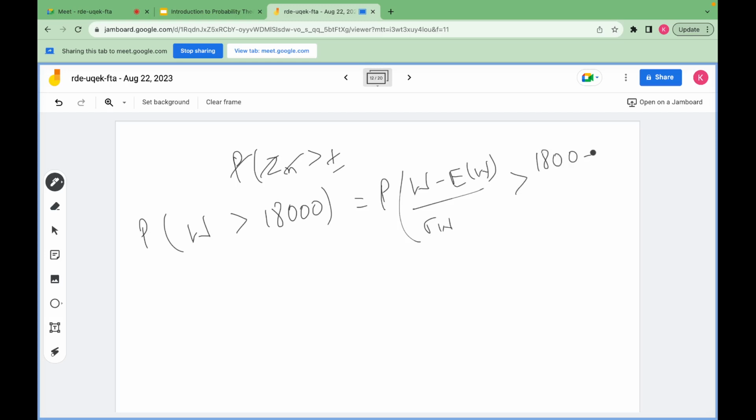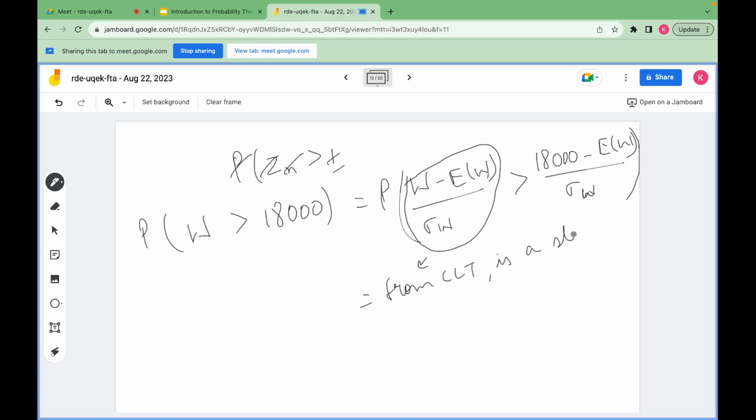Similarly, we will do it on the LHS and on the RHS side. We did these changes on both sides. Now this, we know from the central limit theorem, is a standard normal distribution.